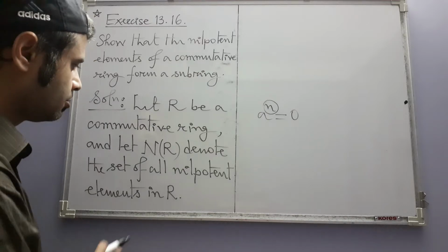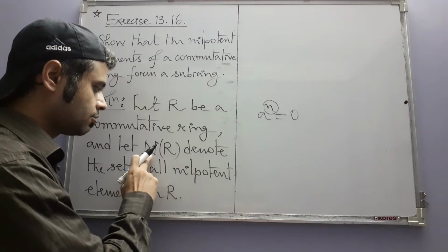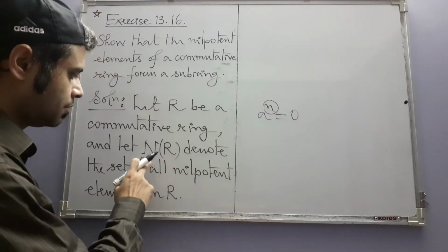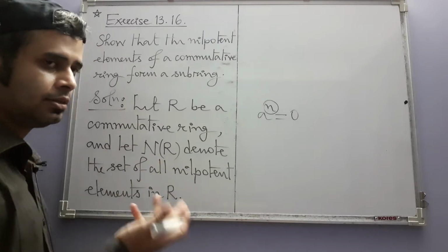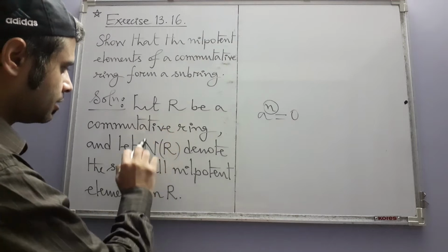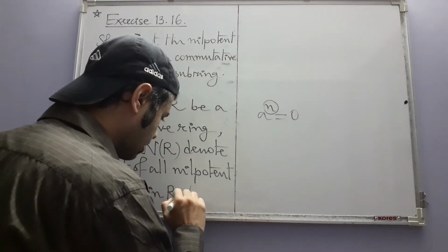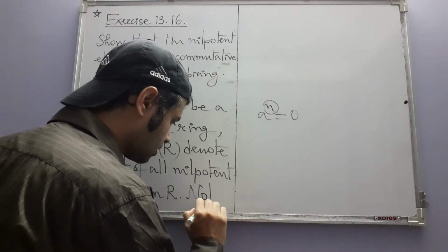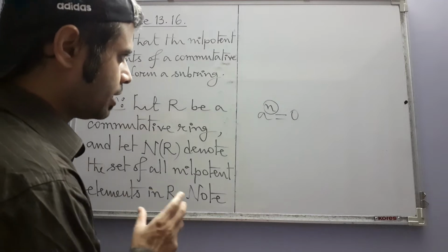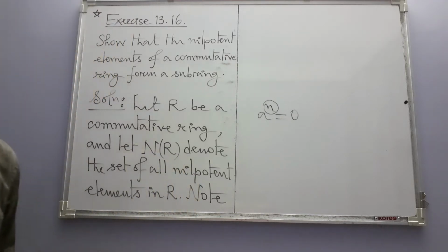Okay, so now we need to show that this subset is a subring. So the first thing we need to show is that this is a non-empty subset, and in fact we will show that the zero element, because anyway we are going to show that this is a subring, so the zero element in the ring should belong to this subset. So the first thing we are going to note is that the zero element itself is a nilpotent element, which is almost obvious.